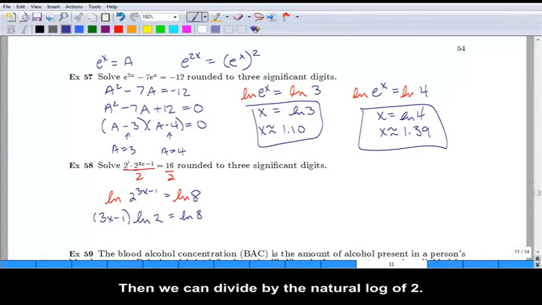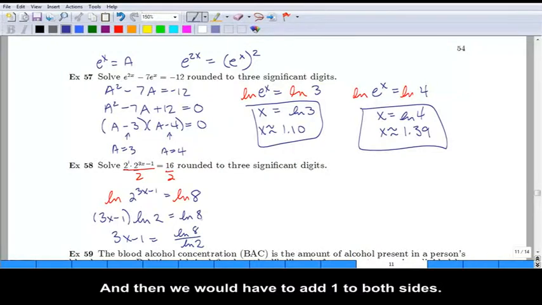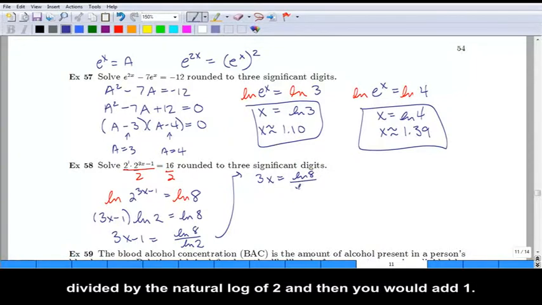Then we can divide by the natural log of 2, and that would leave us with 3x minus 1 is equal to the natural log of 8 divided by the natural log of 2. And then we would add 1 to both sides. So we would have 3x is equal to the natural log of 8 divided by the natural log of 2, plus 1.